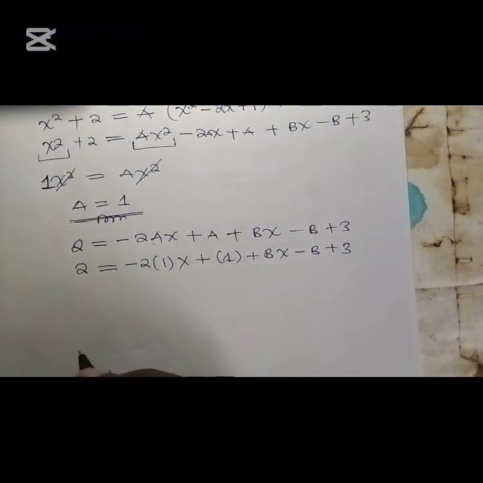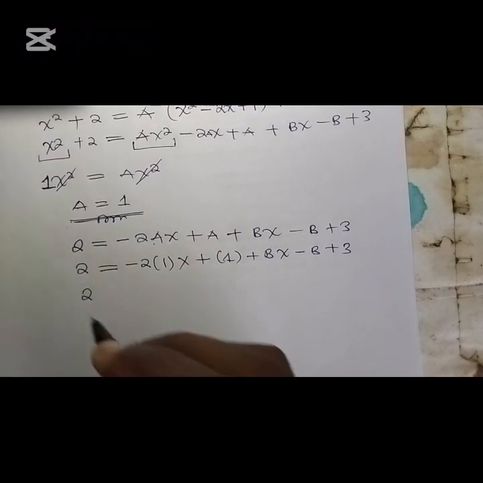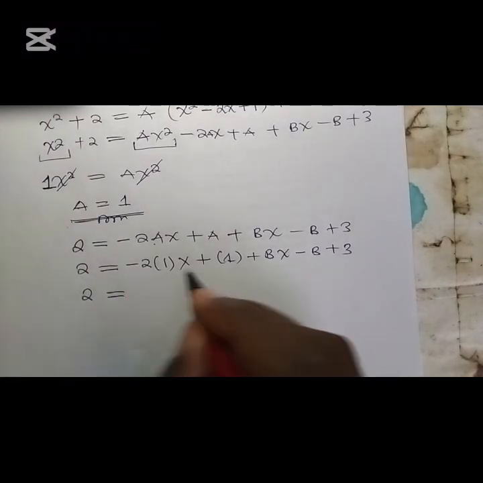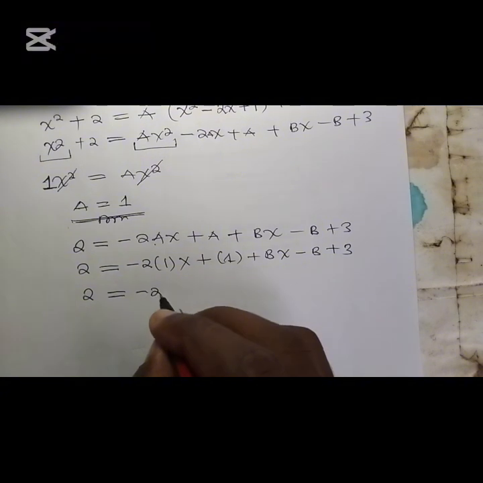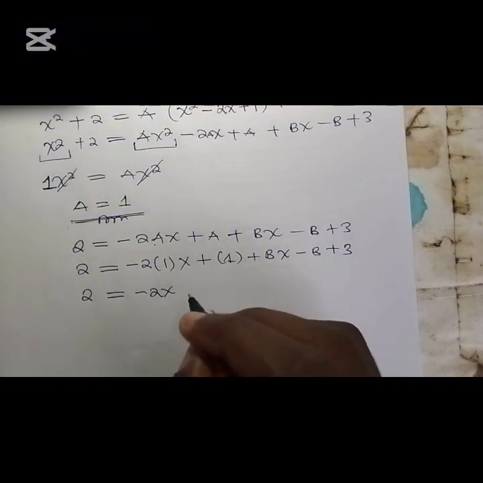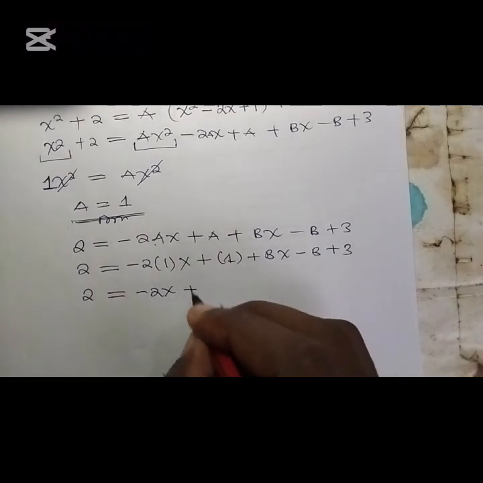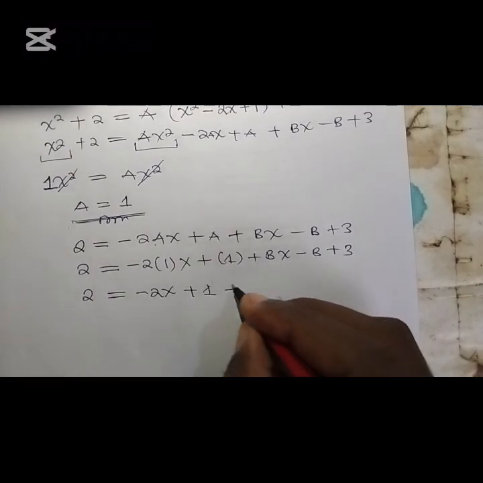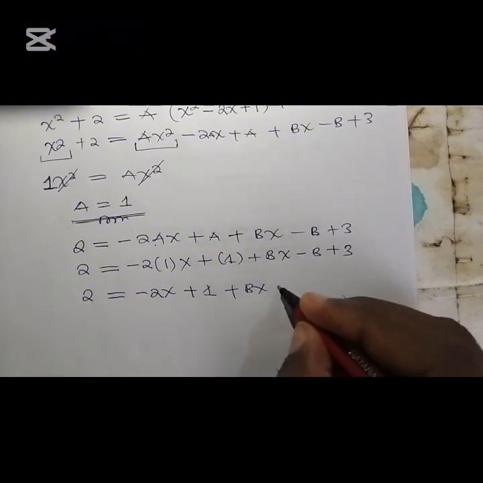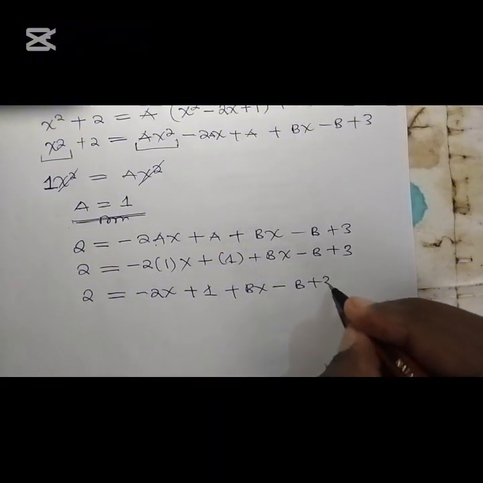Then from there now we can say 2 is equal to minus 2x, then plus 1, then plus bx, then minus b, then plus 3.